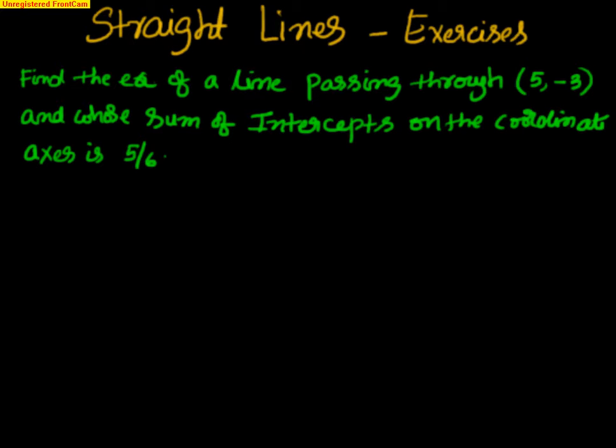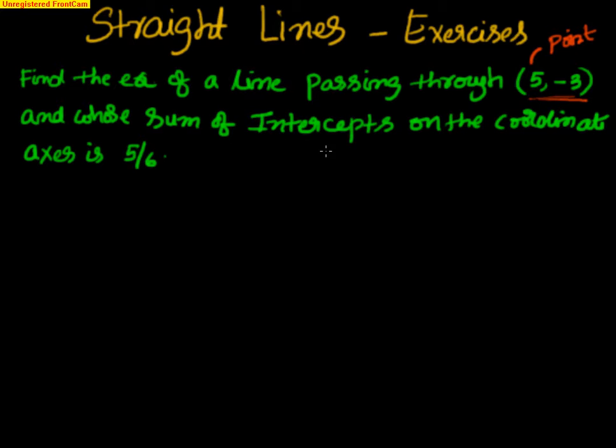If I look at this problem, I see that I have to find a line which is passing through a specific point. That means I have been given a point, that is fine. But if I know a point, that's not enough, right? To find any equation I should know either 2 points, as we have seen, or I should know the slope in addition to this. So we will see what else we have.